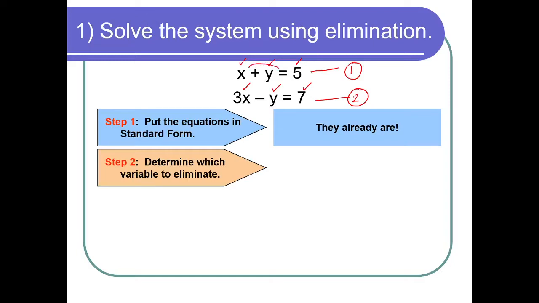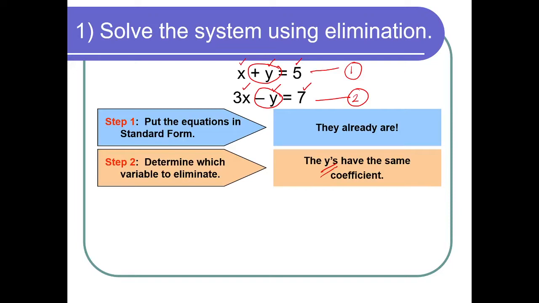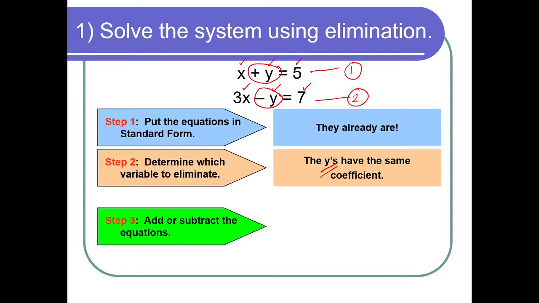The variable y, that's positive y. The other one is negative y. So we will now eliminate y. So our goal now, we will be eliminating y because y contains the same coefficient. Okay? Let's continue.